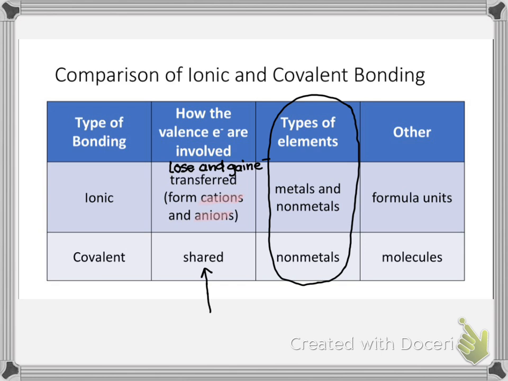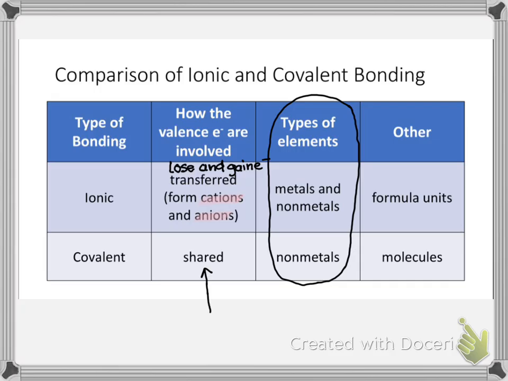So this is good to put in your mind: metals and nonmetals form ionic bonds and nonmetals form covalent bonds. And remember, we can use the periodic table that has a stair-step line on the middle of the right side, and that's the dividing line between metals on the left of that and nonmetals on the right. That's in a previous chapter if you want to go back and review that, but it's still helpful information.